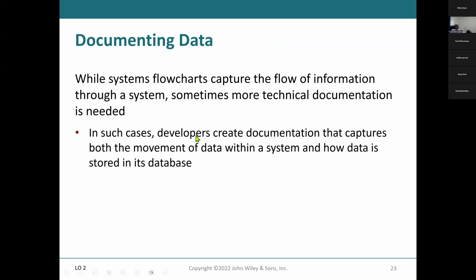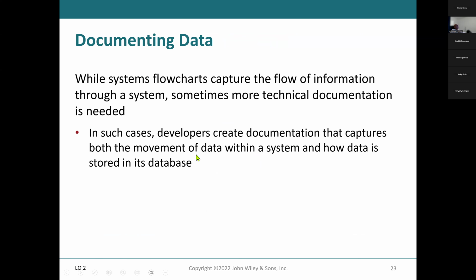So when you're going further down the technical ladder, developers would create documentation that captures both the movement of data within a system and how the data is stored in the database.